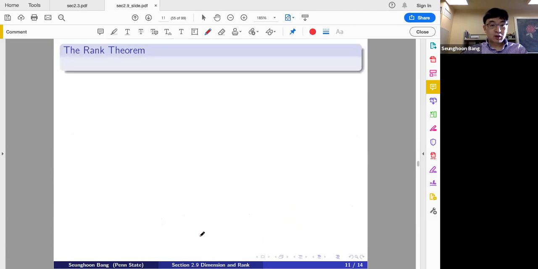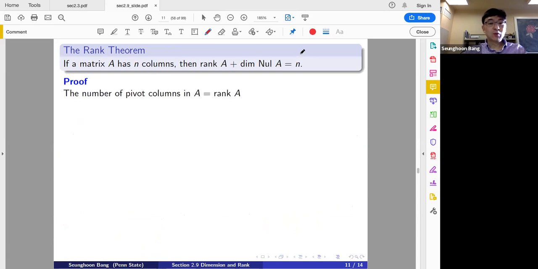The next topic is the rank theorem. If a matrix A has n columns, then rank A plus the dimension of the null space equals n. Here is the proof. We know the number of pivot columns in A is rank A. The number of free variables in A is the dimension of the null space, from the previous slides.